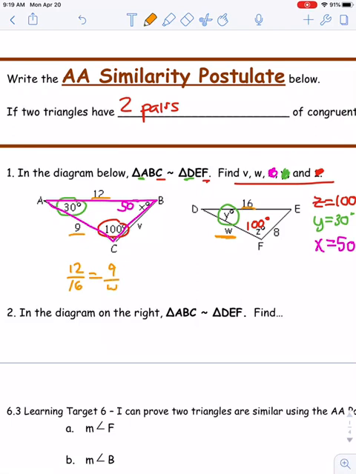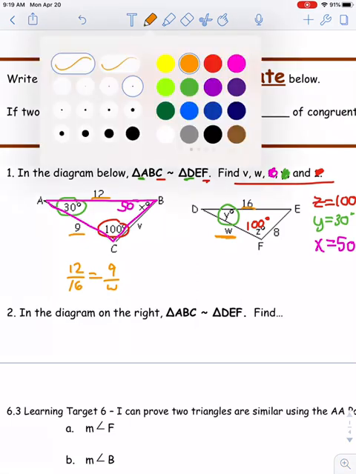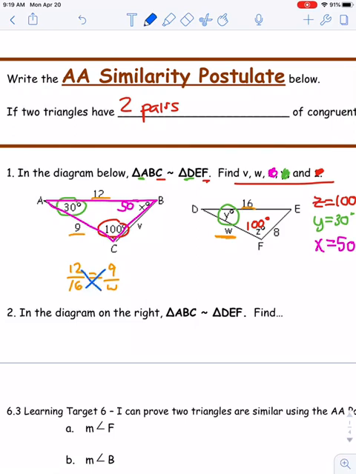And if you can get this far, you're in very good shape. Because then from here, just cross multiply. 12W equals 144. Divide both sides by 12. And W equals 12. Boom.